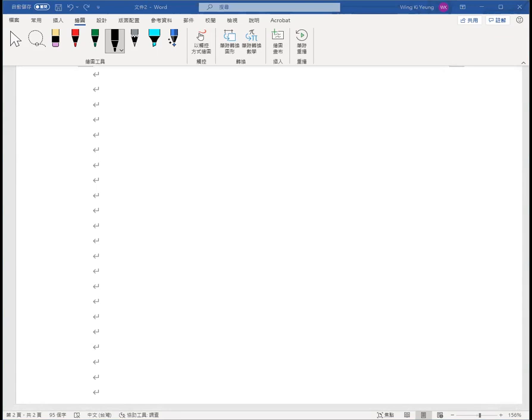Then let's have a look at some of the past paper questions where you need to use this trick, otherwise it will be very complicated for you to solve the question. Okay, this one.